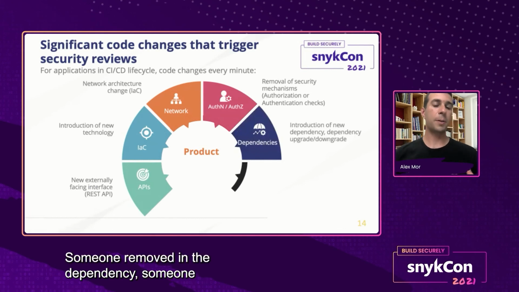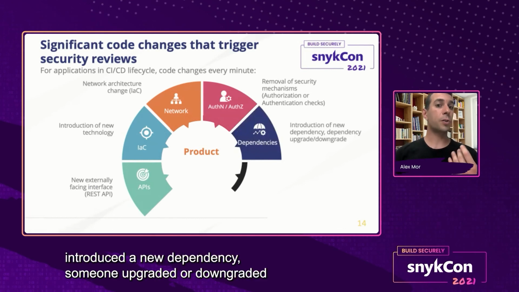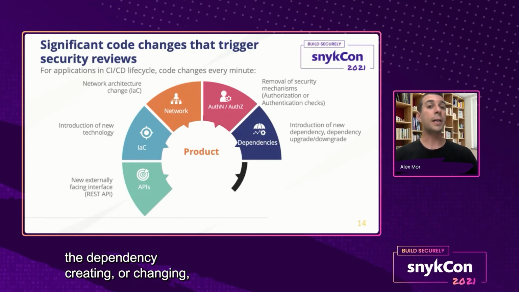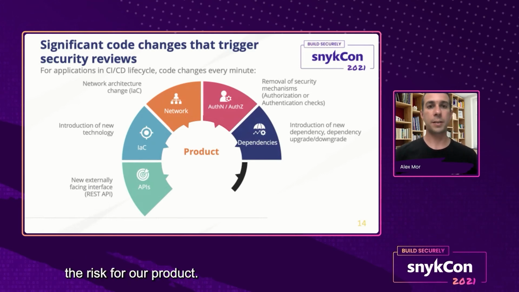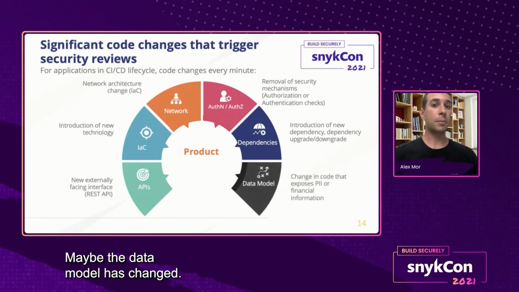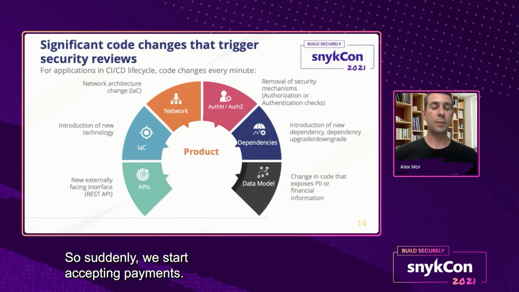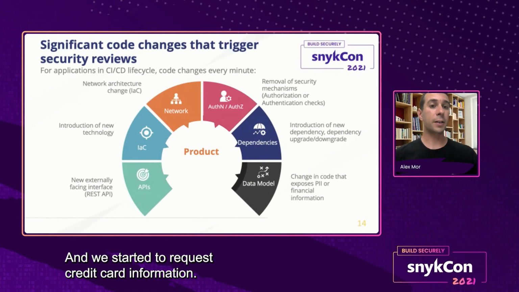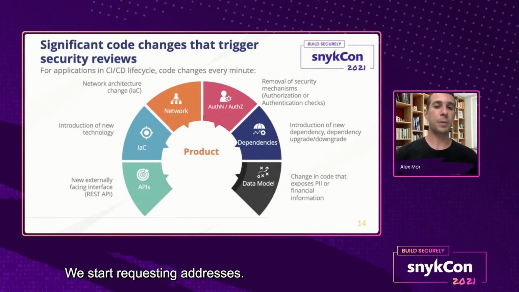Dependency changes: someone removed a dependency, someone introduced a new dependency, someone upgraded or downgraded the dependency, creating or changing the risk for our product. And for sure, many more examples exist, but maybe the data model has changed. So suddenly we start to accept payments, and we start to request credit card information, phone numbers, addresses.